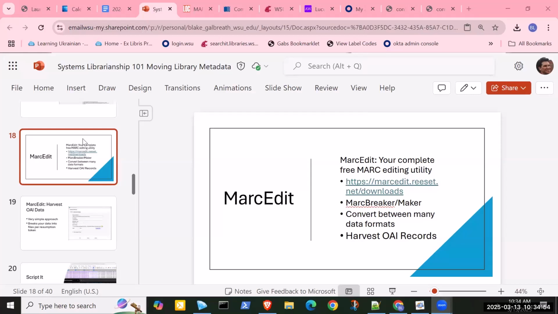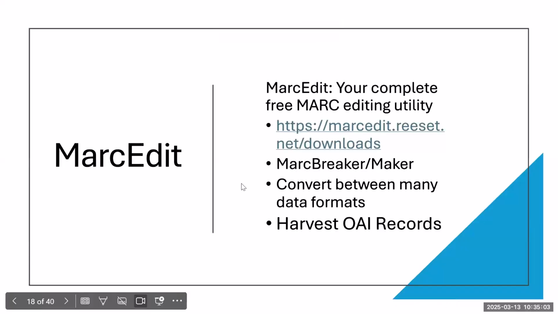So I guess I'll back up since I did make a slide for this. MarcEdit is an amazing program. It is known as your complete free MARC editing utility. You can get the downloads from that hyperlink. It was created by Terry Reese, a great supporter of libraries. It has a program, MarcBreaker and MarcMaker, that allows you to break those binary files and then make them again if you need.